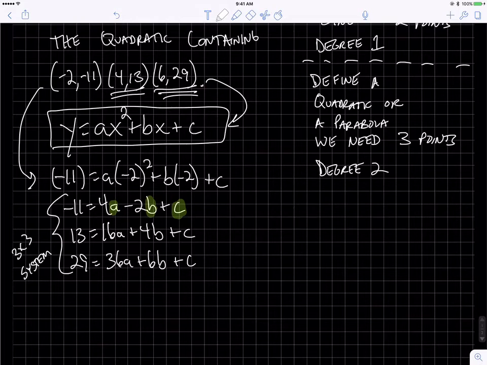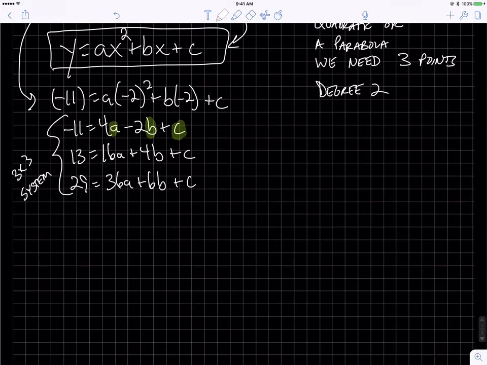We usually write a system, each equation in the system, on top of each other, and then put the fancy brackets. We've done this before, but with 2 variables and 2 equations. So now I'm going to do elimination. I have to eliminate each variable one at a time till I get down to just 1 variable so I can solve for it. So I'll take the first 2 equations.